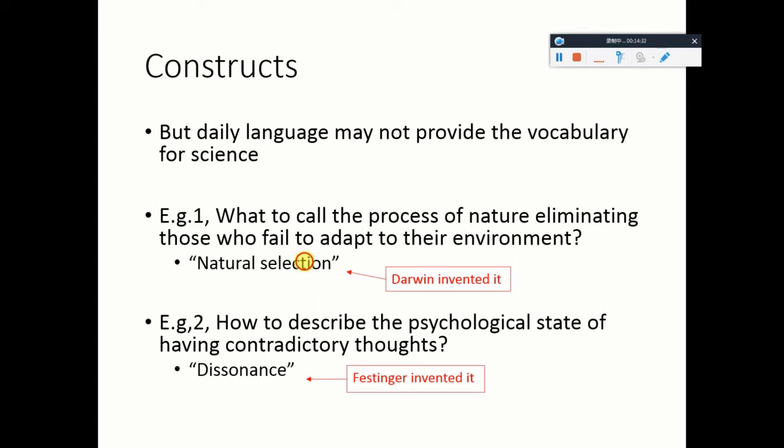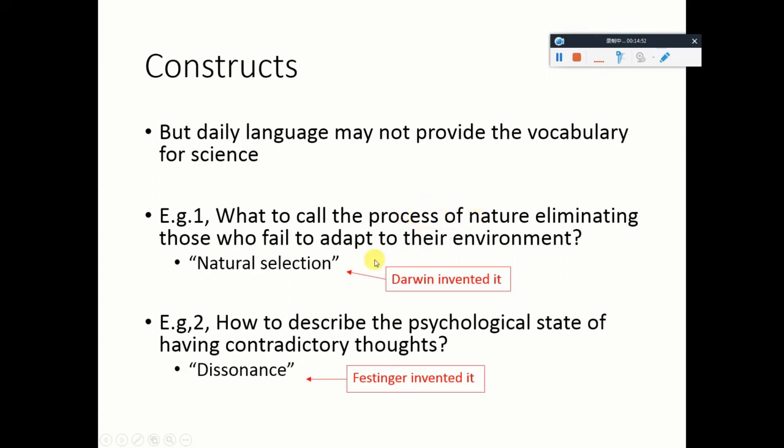So in these two examples, Darwin and Festinger, they could not find appropriate vocabularies in daily life to describe the phenomena that they're interested in in their own scientific enterprise.